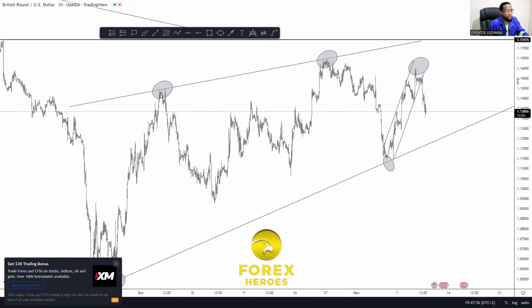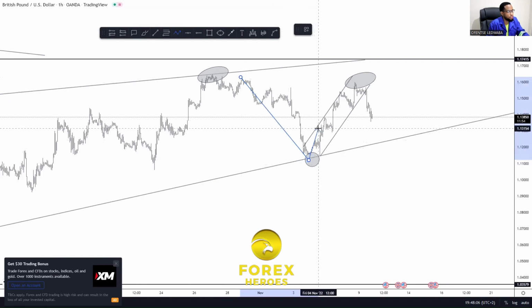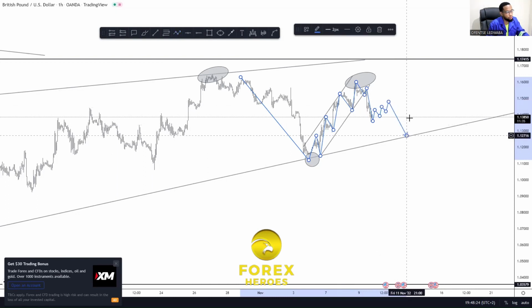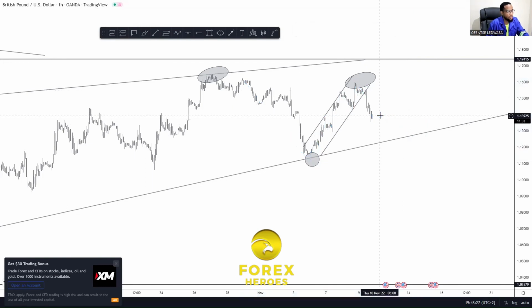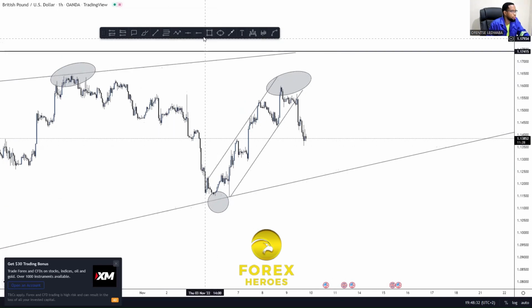See what we are having here. This is coming as an impulse move, then expecting another push. Understand? So currently I'll be expecting a correction before we push further to the downside.